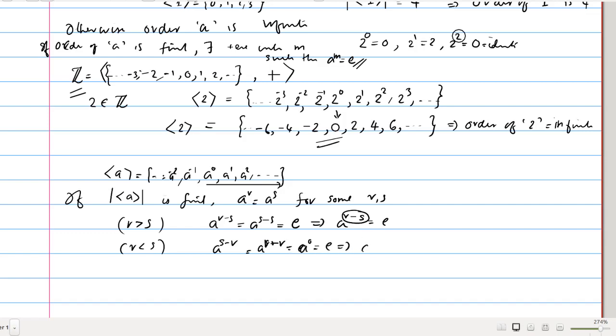This implies A raised to S minus R, which is positive here, yields the identity element.